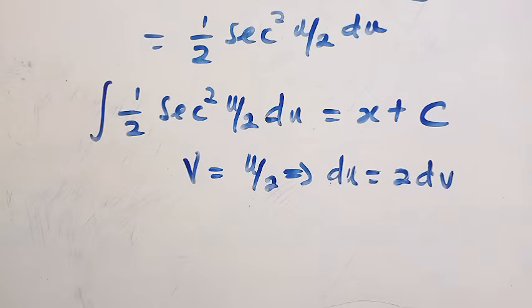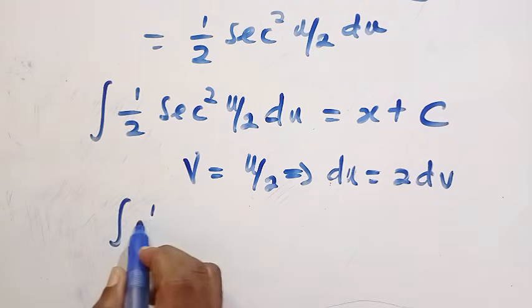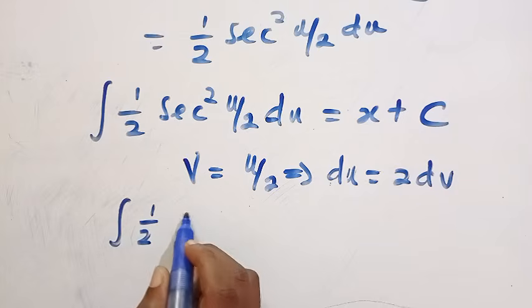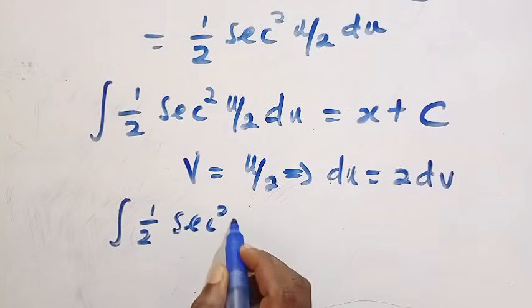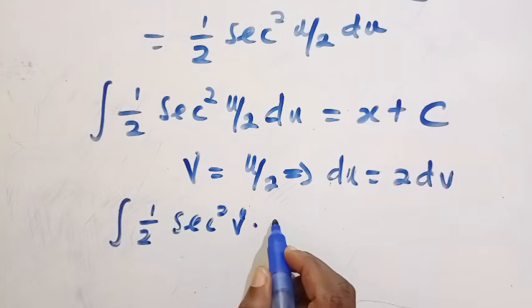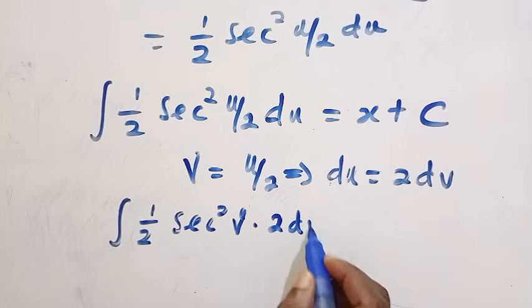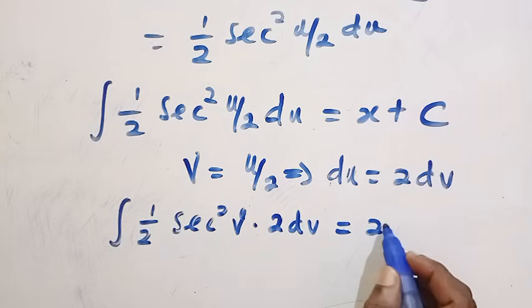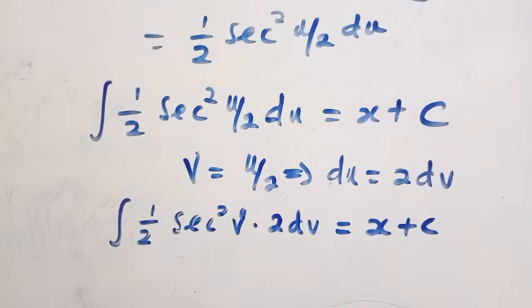If I replace it, we have the integral of 1 over 2 sec squared v, then multiplied by 2 dv, equals x plus c.